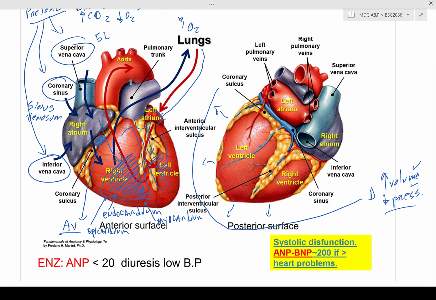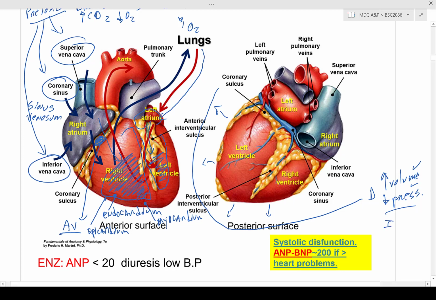Hopefully 5. Because if not, where did it go? I mean, not everything at once, but if 5 came in, 5 have to leave. If not, that means you have a ruptured heart, throwing the blood outside. Now, 5 liters means that is the same amount of volume going through both ventricles.